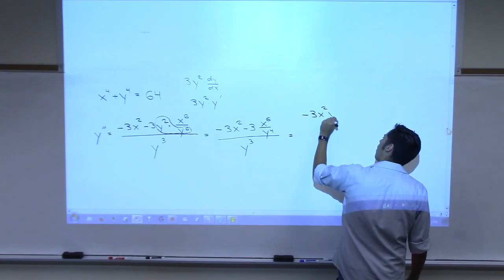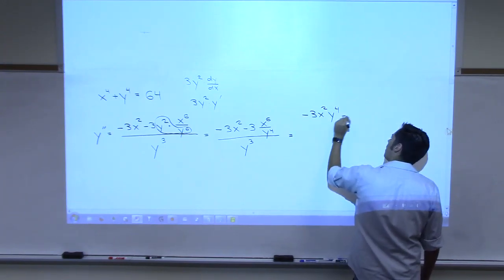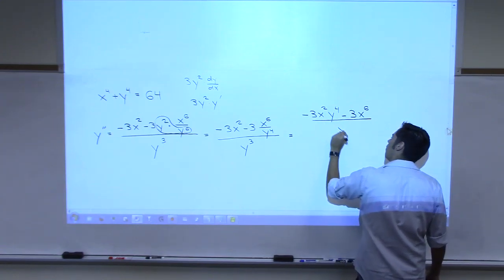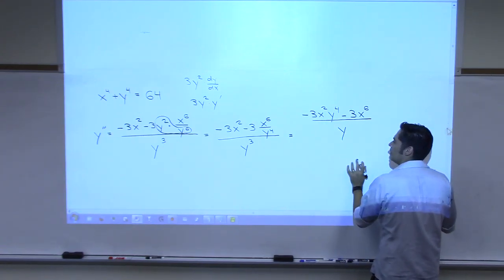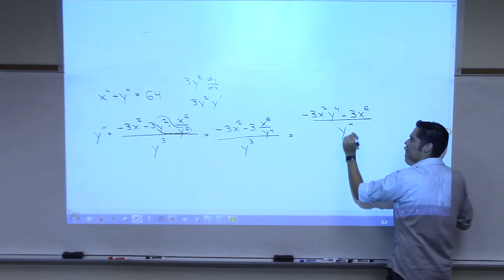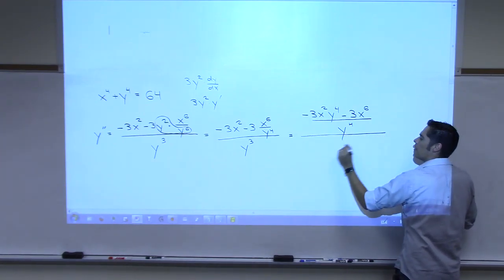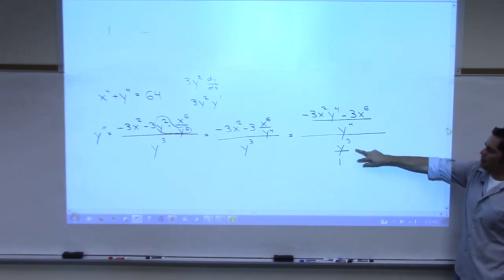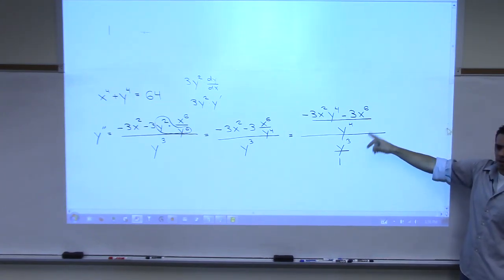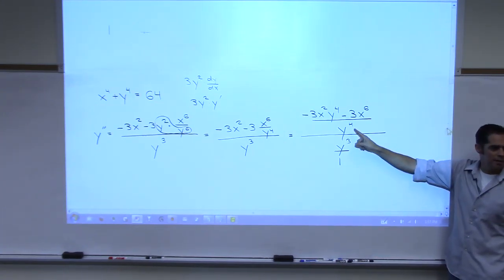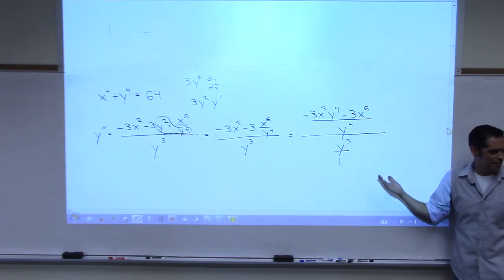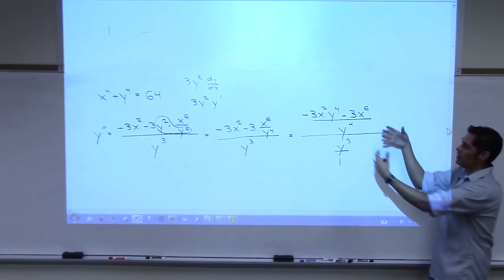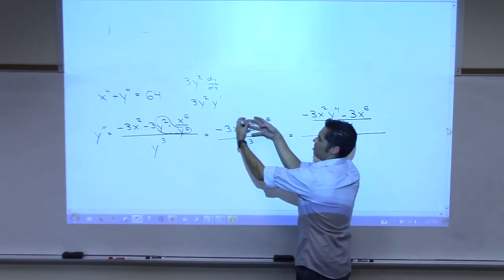3x squared y to the 4th minus 3x to the 6th over y to the 4th. Okay, I'll do that. Over what? y to the 3rd, but that could be looked at as y to the 3rd over 1. And then I could flip that like this. And so really I could have just written what down here? y to the 7th, right? So I got a common denominator between these two, put them together.